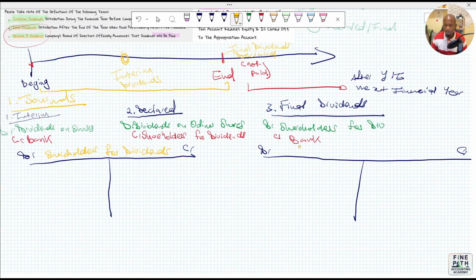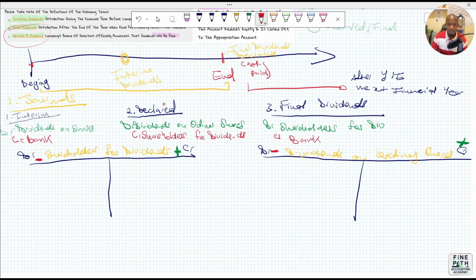And then the second one is dividends on ordinary shares, right? So we know that these accounts will increase on the credit side, because it's an equity and a liability account, and then they will decrease on the debit side, right?